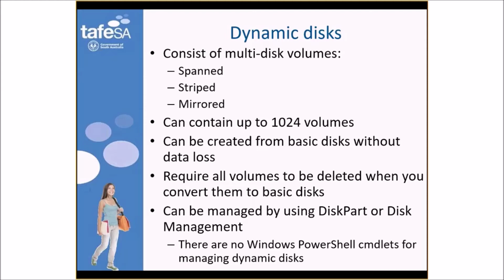Stripe volumes means if I've got a file and we've got 2 or 3 or 4 hard drives and we've created stripe volumes across them, we'll put a little bit of the file on each of the hard drives. You're probably wondering why. Why are we breaking up a file and putting a little bit on each hard drive? Could you think of any advantages to that? Speed, how so?